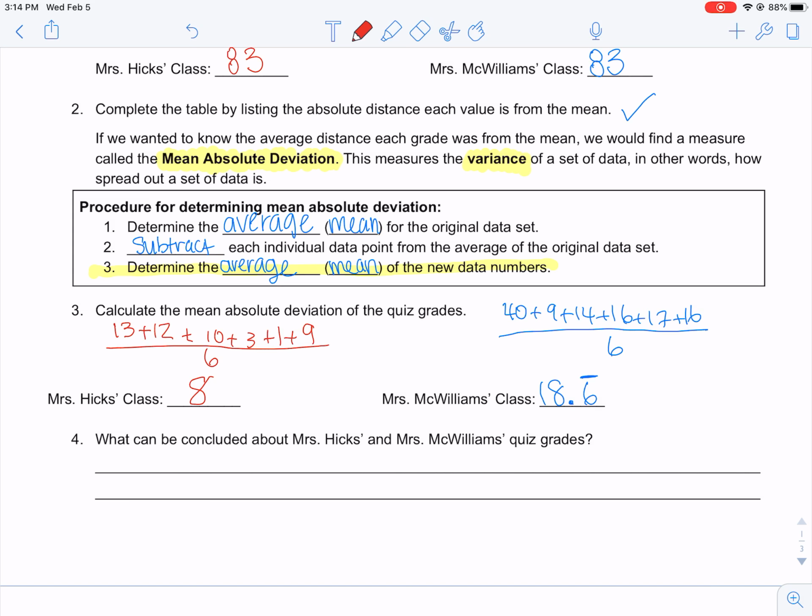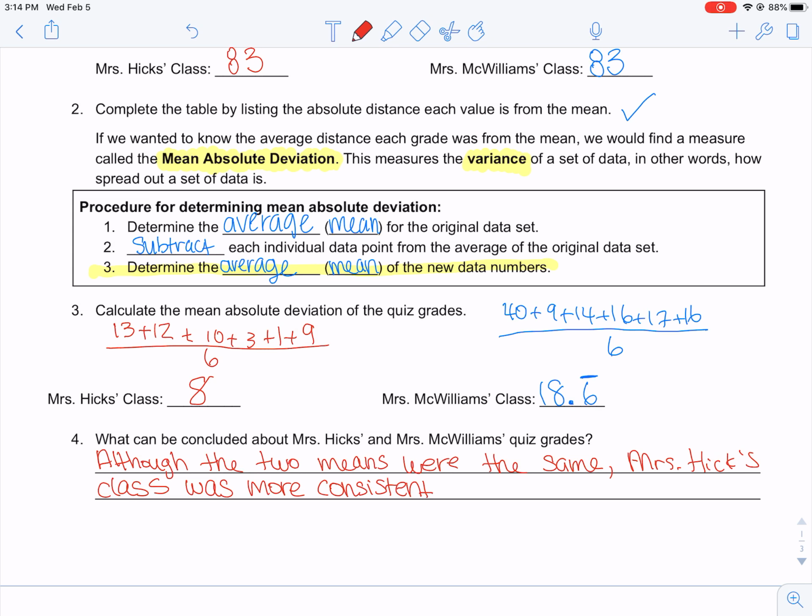Well, although the two means were the same, Mrs. Hicks' class was more consistent with their quiz grades due to a lower mean absolute deviation.